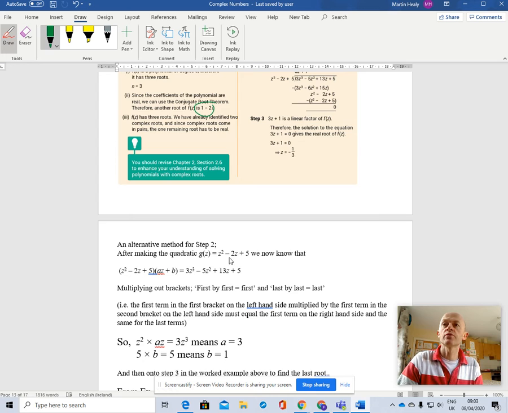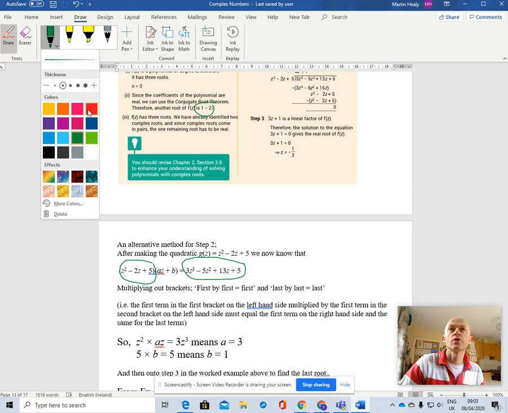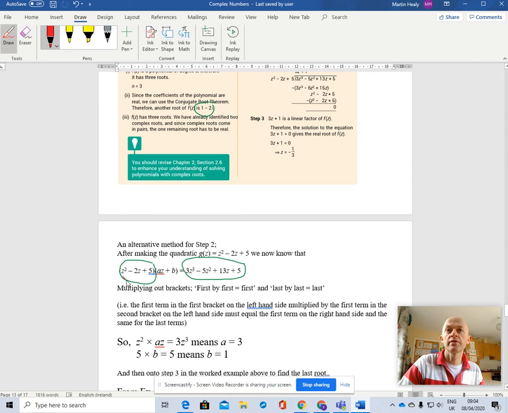After making the quadratic z squared minus 2z plus 5, you now know that that quadratic times the linear factor az plus b must equal your cubic that you were given in the question. And from what you know about multiplying with brackets, the first term here times the first term here should equal the first term over here. So first times first equals first. So that's z squared times az equals 3z cubed.